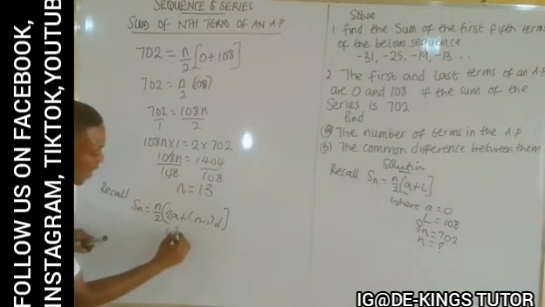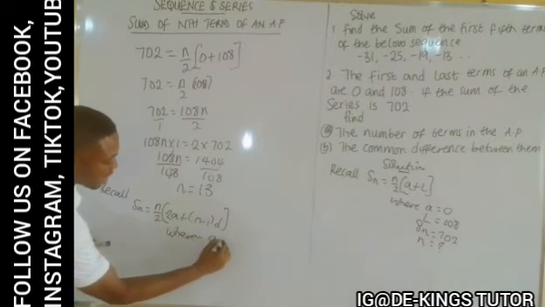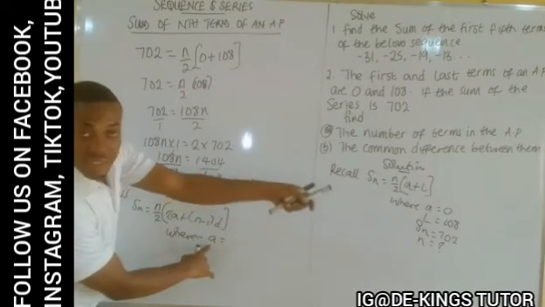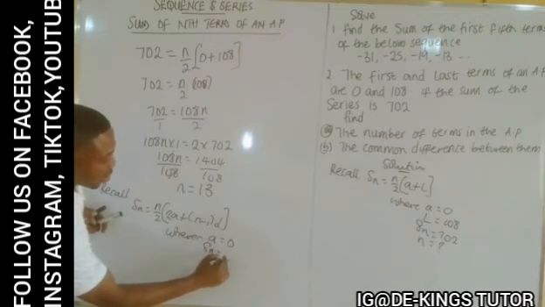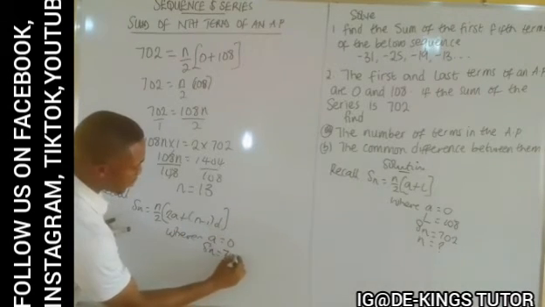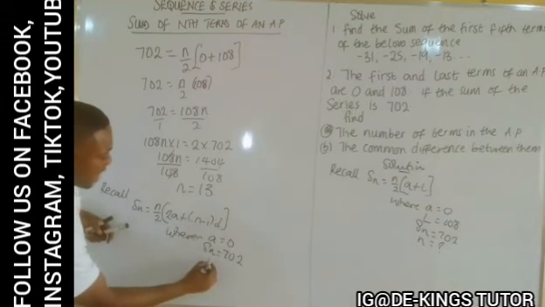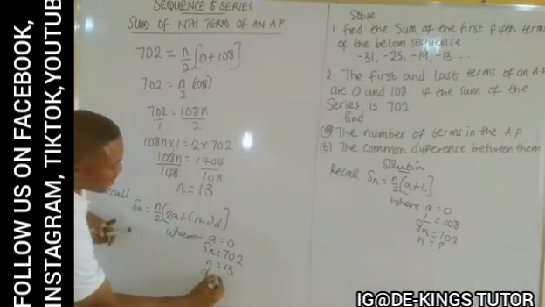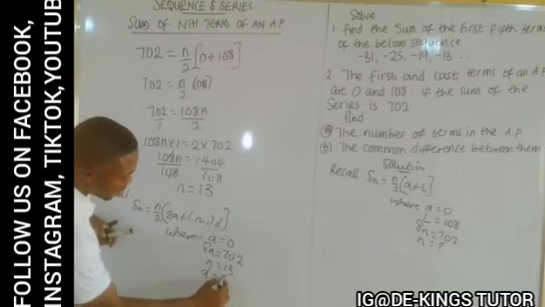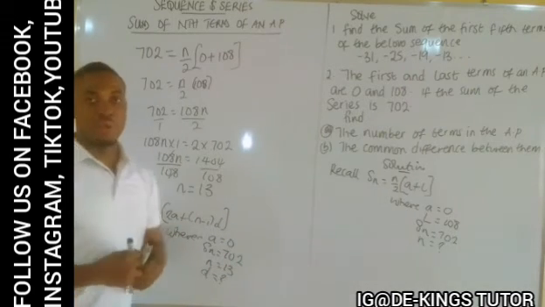Now our a was given as 0. Okay? Sn was given as 702. n, we have solved for n as what? 13. So the only thing remaining here that is not known is what? d. That is what we should solve for.